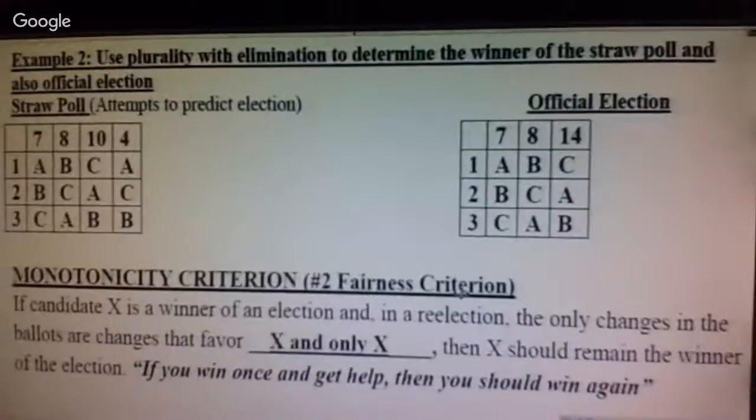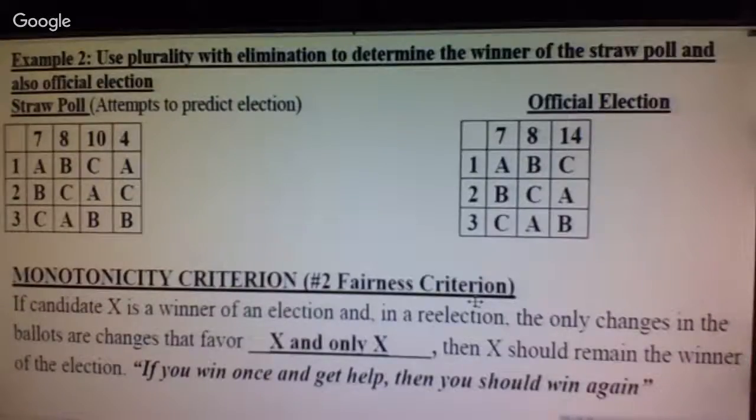All right. This last example goes along with your second fairness criterion that we're going to talk about. Your second criterion says, if candidate X is a winner of an election, and then we do a re-election, and the only change is that I drop somebody that should not have won, then the winner should still stay the winner.